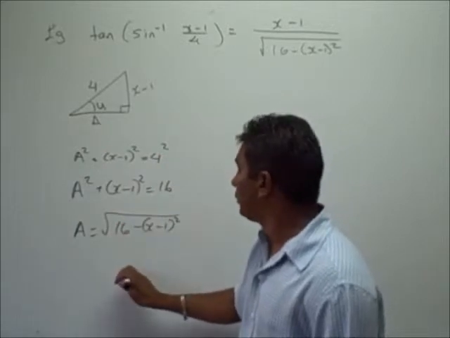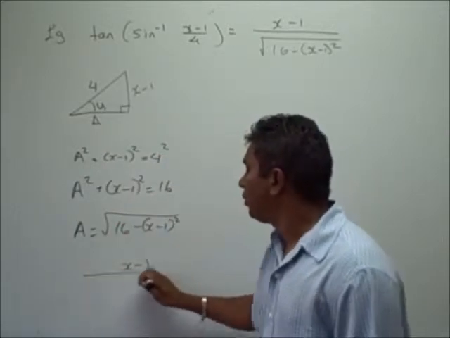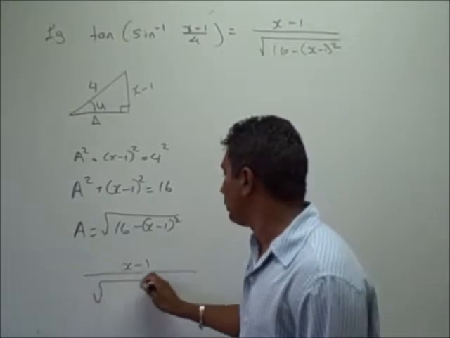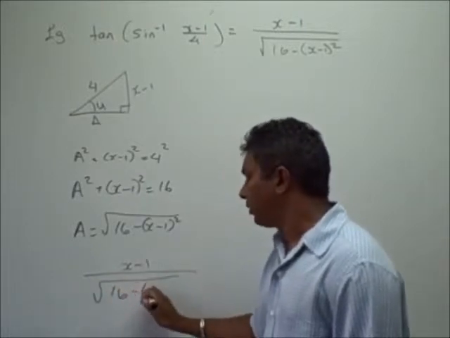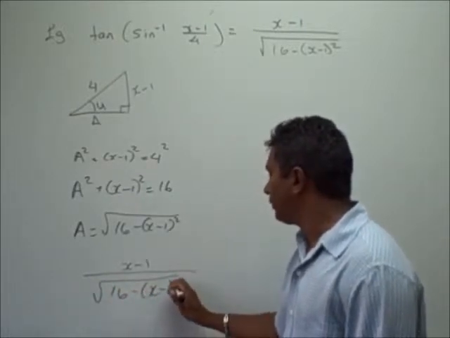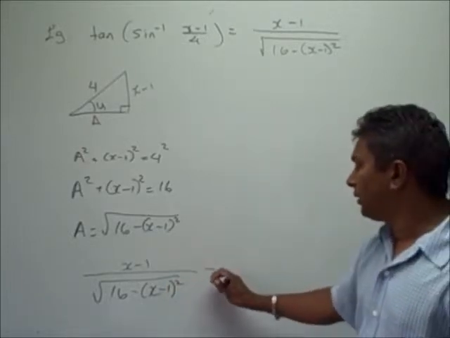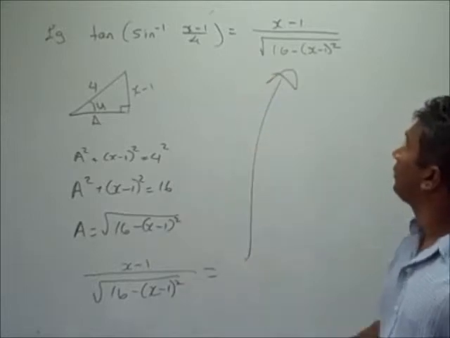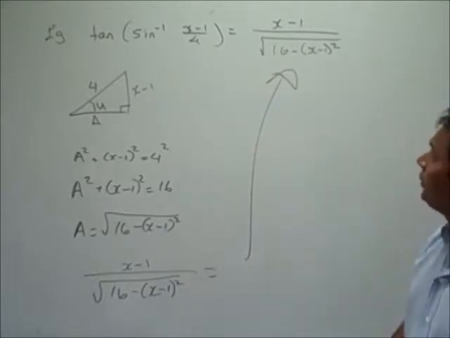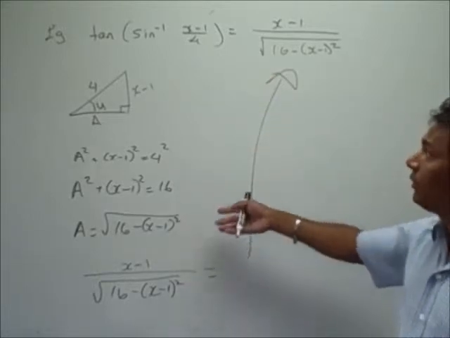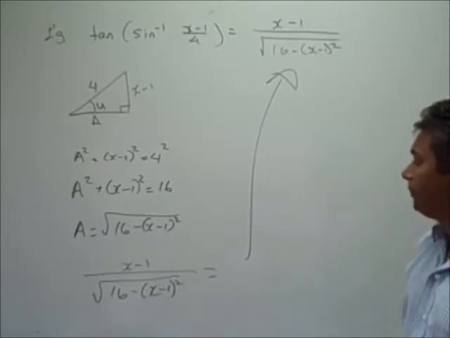So our tangent then would be x minus 1 over our adjacent, which is the square root of 16 minus parentheses x minus 1 all squared. And we can see that that is equal to the right hand side of our identity. So here we have just proved this identity.